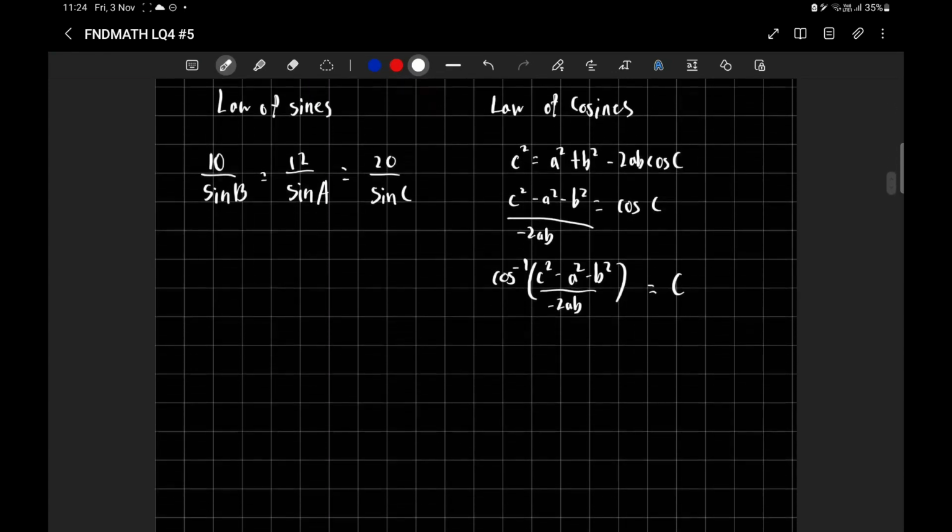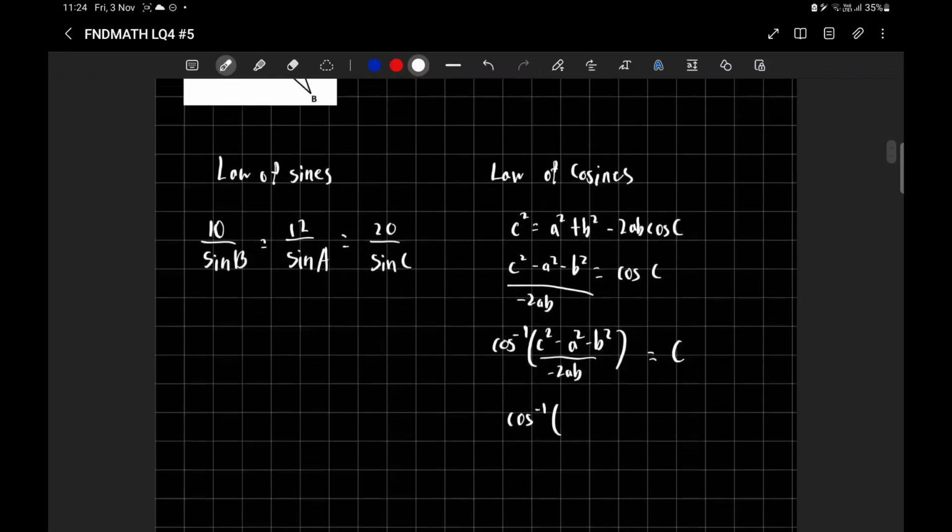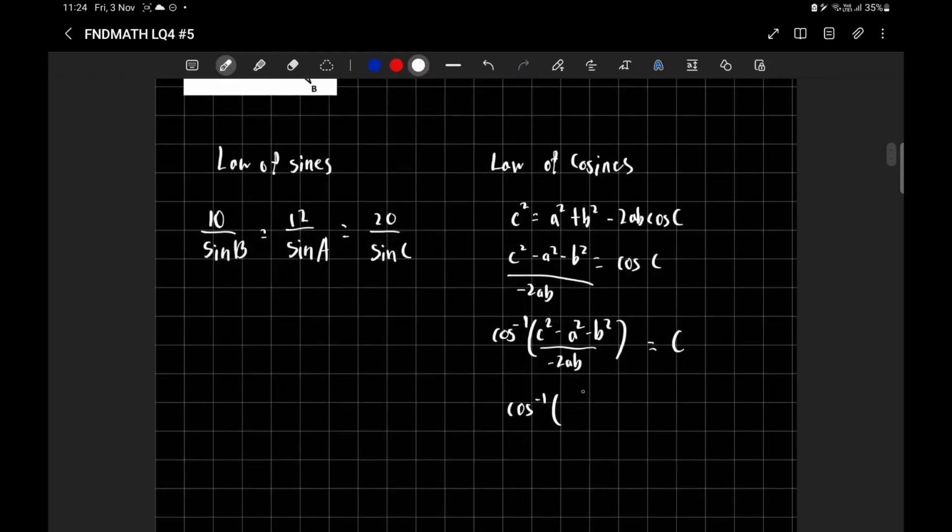Plugging in the values, we get C equals arc cosine of 20 squared minus 12 squared minus 10 squared over negative 2 times 12 times 10.